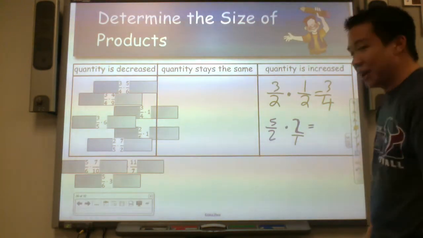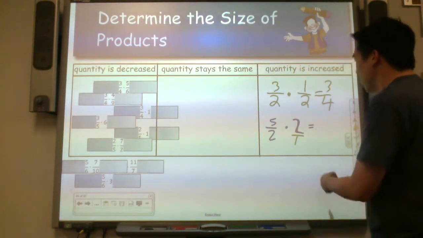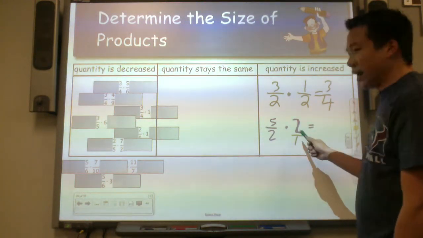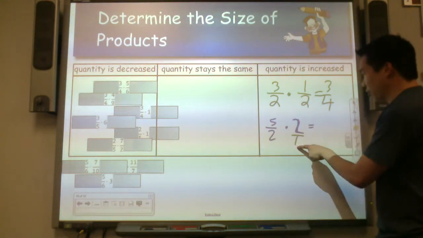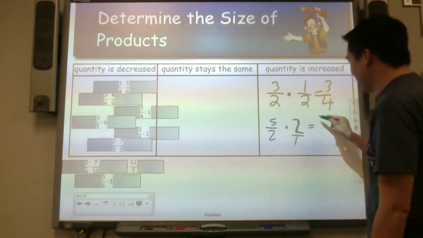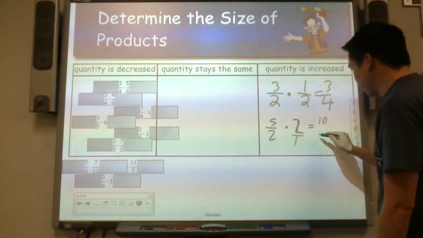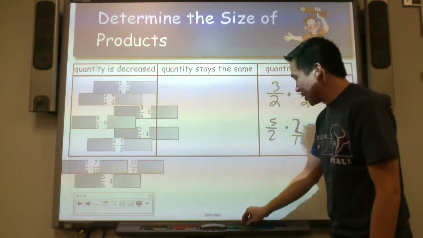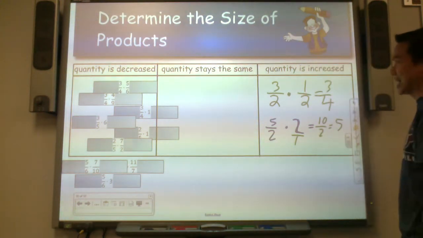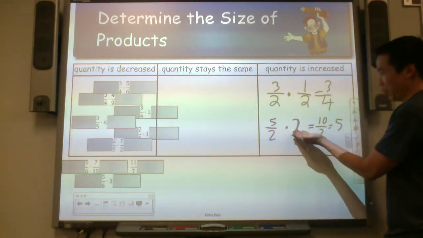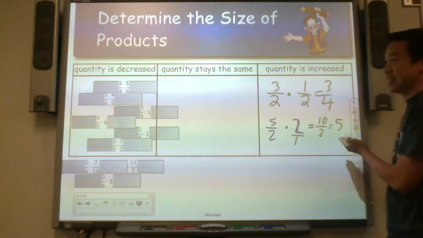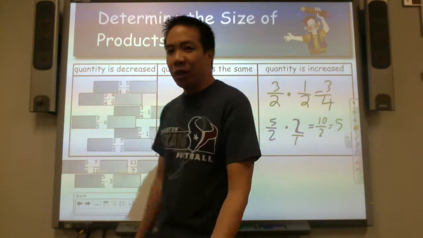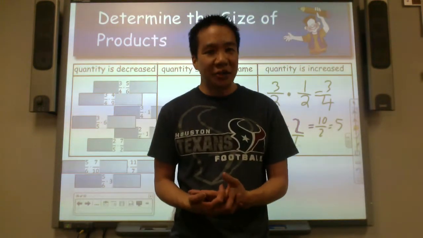If you remember from our previous lesson, when you multiply a mixed number, that's okay. Turn this into a fraction and times away. 5 times 2 is 10. 2 times 1 is 2. It's 5. Did our quantity increase, stay the same, or decrease? It was 2. Now it's 5. It definitely increased.